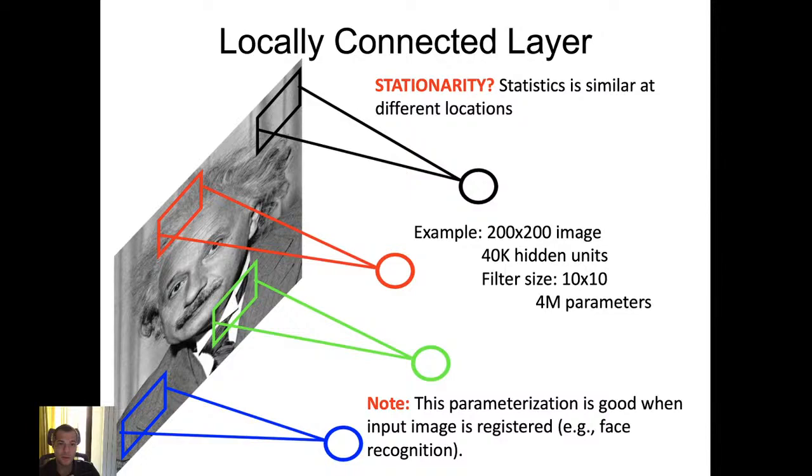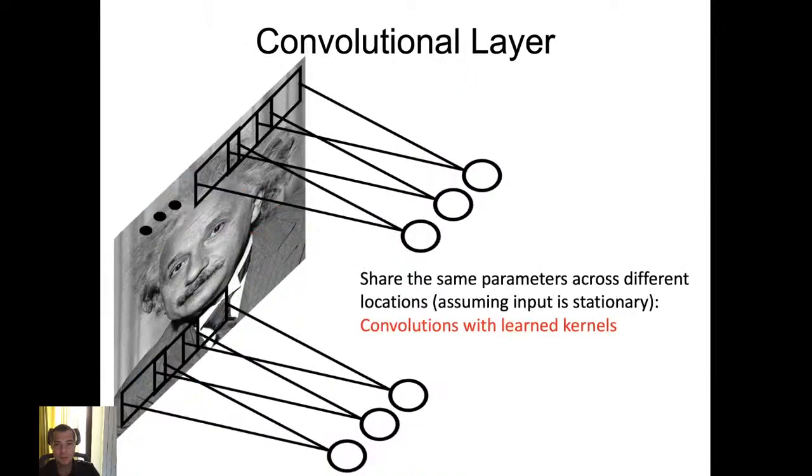This is a stationary assumption: we assume that the statistics are similar at different locations. For example, a face can shift anywhere in the image, so we can just apply the same filter, the same unit, in every location.